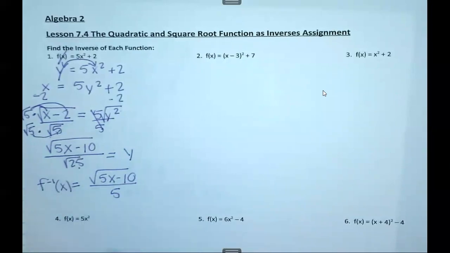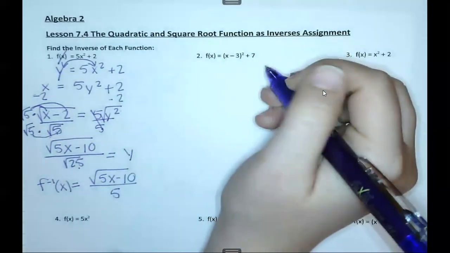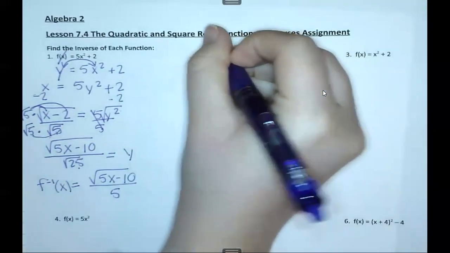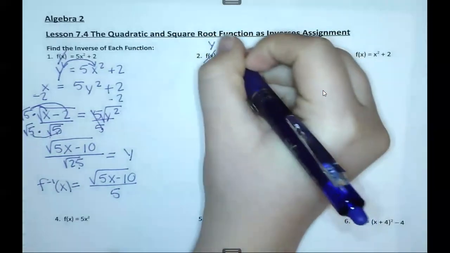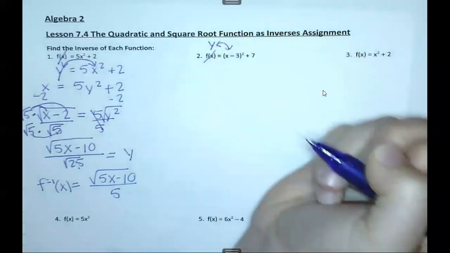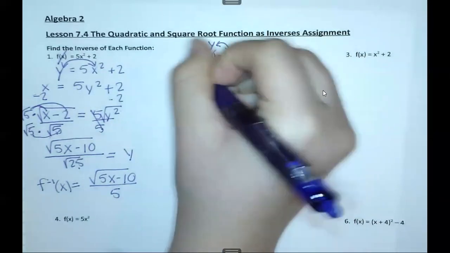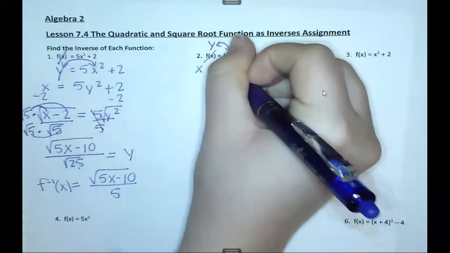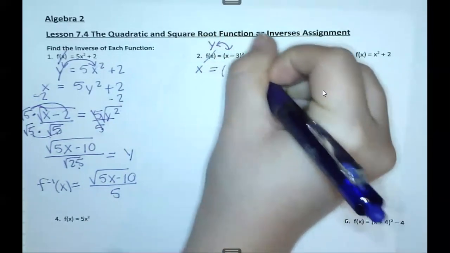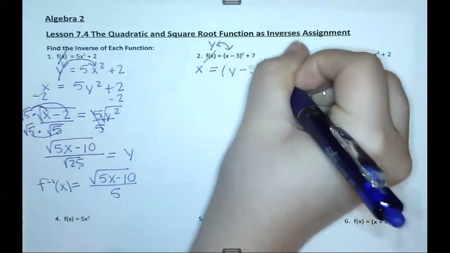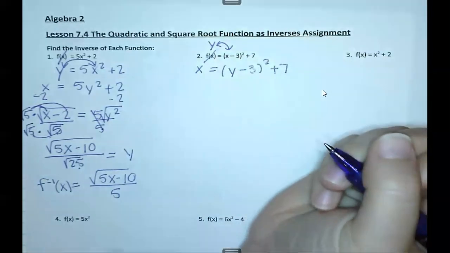All right, number 2. So we need to change f of x into y, and then we have to switch the x and the y. So now I would have x equals parenthesis y minus 3 squared plus 7.